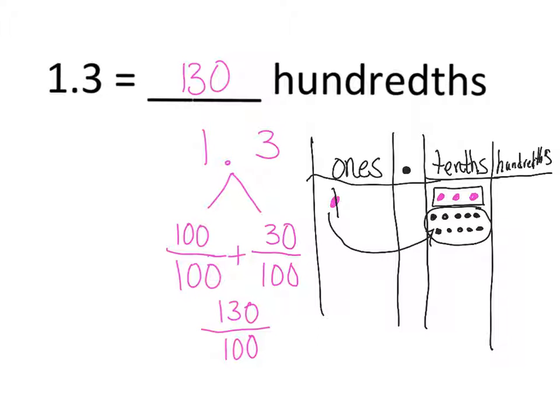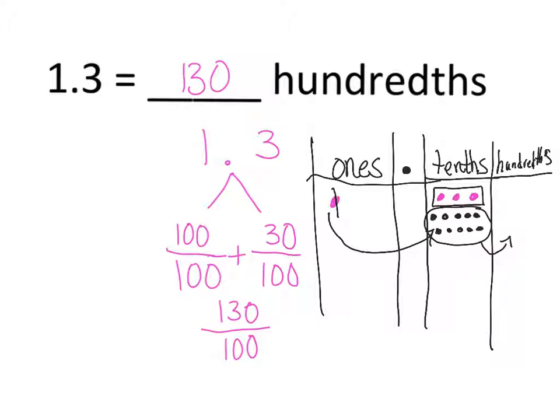So we have 13, and now what we're doing with that 13 is we're going to move the 13 into the hundredths. So when we do that, we are multiplying by another 10, because each time we go over, we're moving up by a factor of 10.